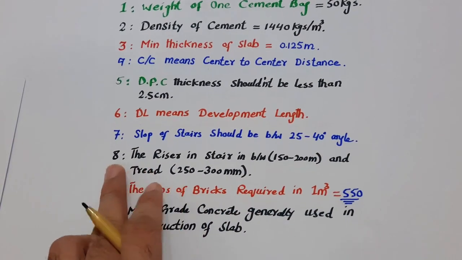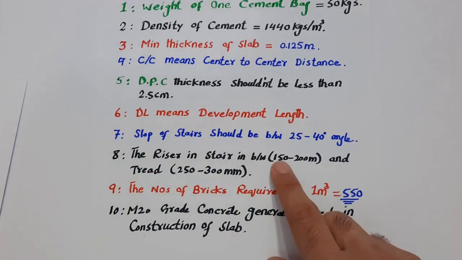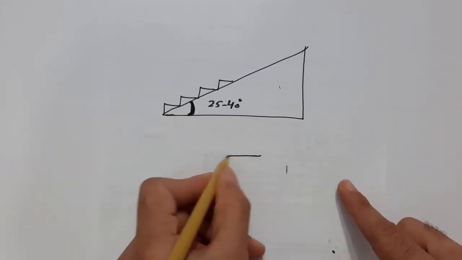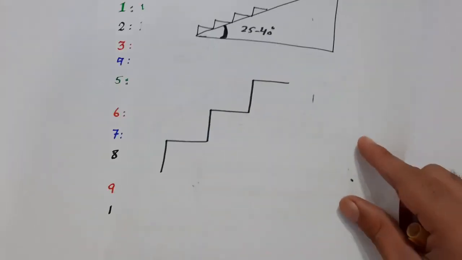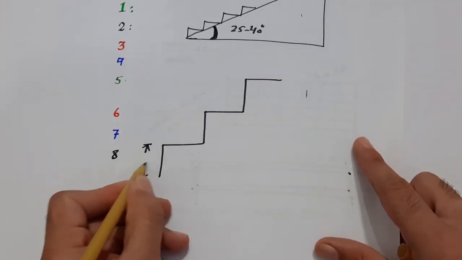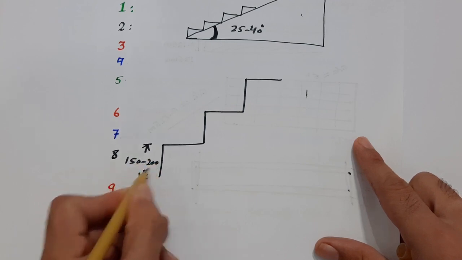Next, the eighth one is the riser and tread of stairs. Riser means, as you can see in the steps, this height, which should be between 150 to 200 millimeters.